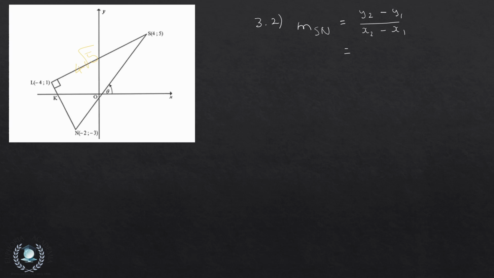When we substitute, we're going to have 5 minus 3 divided by 4 minus 2. And the answer that we're going to get is 4 over 3, when you put it into a calculator, when you just do the maths. And that is our answer.